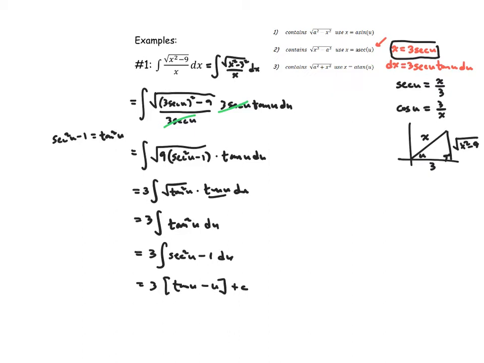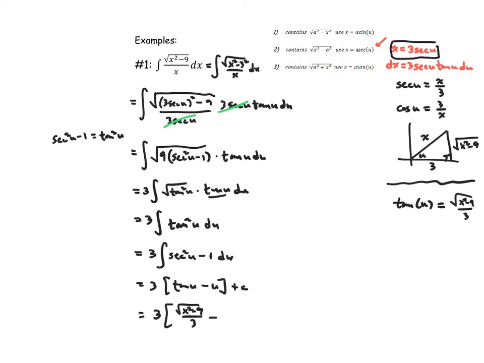So that's going to bring me back over here to my picture. So I have an image, and I want to know what the tangent of u is. Well, the tangent of u would be the square root of x squared minus 9 over 3. Okay, so that would mean I've got 3 times tangent of u, which is square root of x squared minus 9 over 3. Those 3's will reduce in just a minute. Now I got to find u. Well, I could represent u in many different ways.